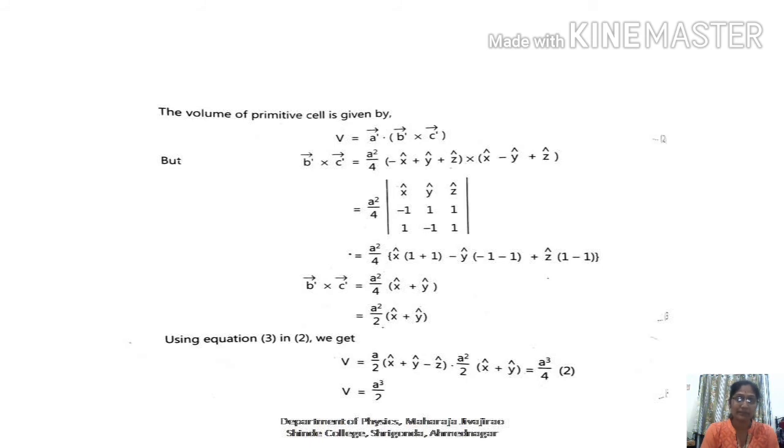X cap dot z cap is also equal to 0. Therefore, this equation gives us a by 2 into x cap dot x cap as 1 plus y cap dot y cap as 1, 1 plus 1, 2.